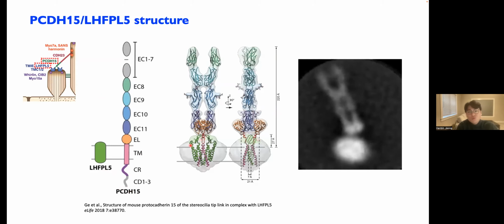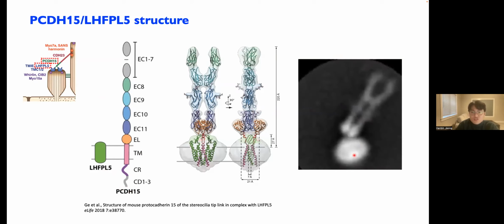It shows the extracellular flexibility of each complex on the membrane, and it also gives a clue about how the force from the tip link may be transduced into the stereociliar membrane. So, the remaining question is how this tip link structure is connected with the MET channel complex, and what is the mechanism of gating this channel?